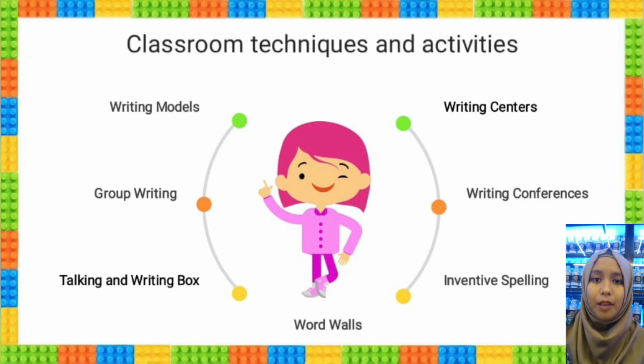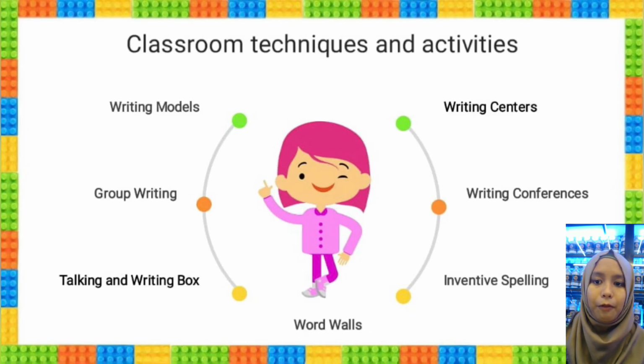There can be one conference per piece of writing, or there can be a series of conferences for a specific piece of writing. They can be brief, 2 or 3 minutes in length, or longer, up to half an hour. They should be focused on a part of the content.